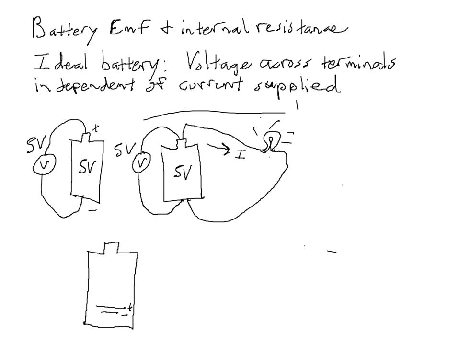But in addition to that, there's an internal resistance, which we will call lowercase r usually. And for that reason, the voltage from the positive terminal to the negative terminal is not necessarily the same thing as the nominal voltage of the battery.